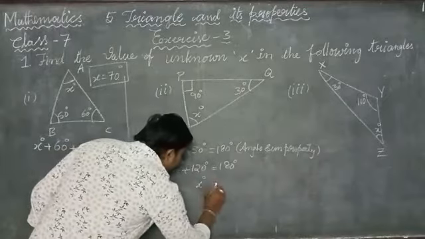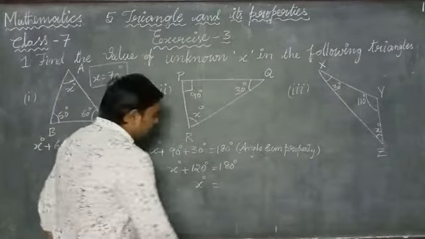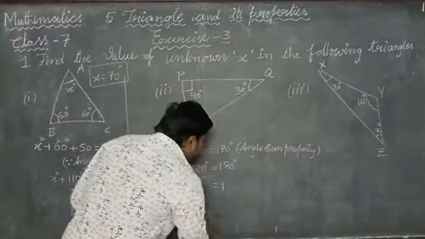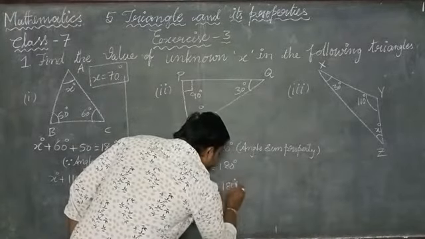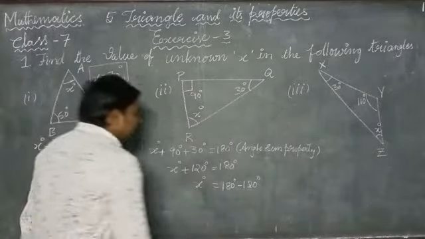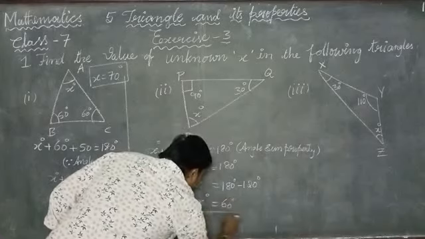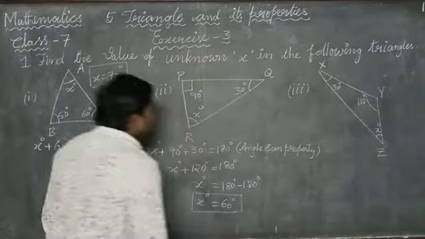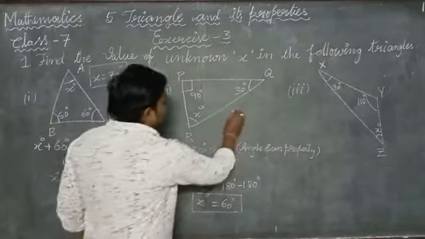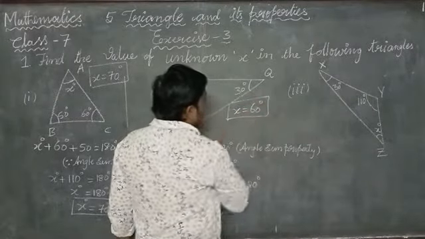Then x degrees equals, if you transpose 120 degrees to the right hand side, then it will become minus 120 degrees. Then it can be written as x degrees equals 180 degrees minus 120 degrees, x degrees equals 60 degrees. Okay. Then x equals 60 for this figure.